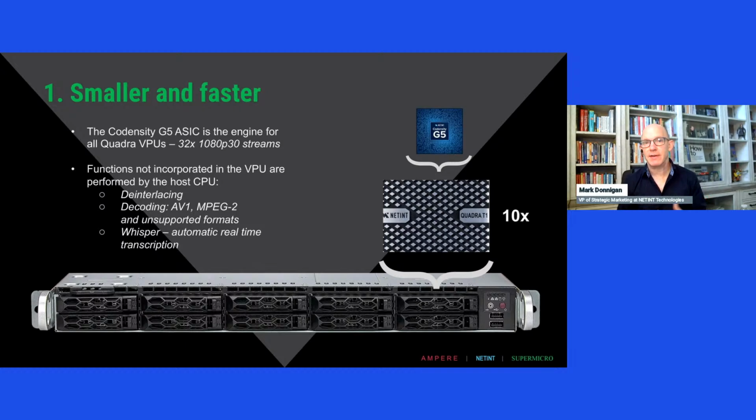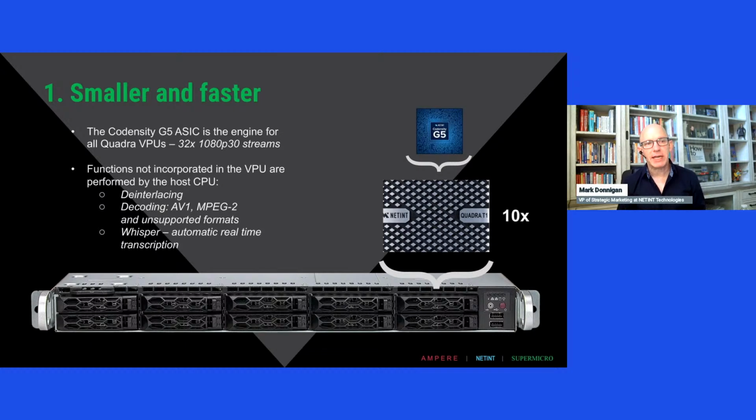But as you're going to see from Supermicro, they have a number of chassis that are all fully certified for Ampere. They're certified for NETINT. So if you're familiar with the Supermicro line and you're thinking, that's great, Mark, but we need a different server, not a problem. This is just representative, but it does happen to work in a lot of video streaming contexts.